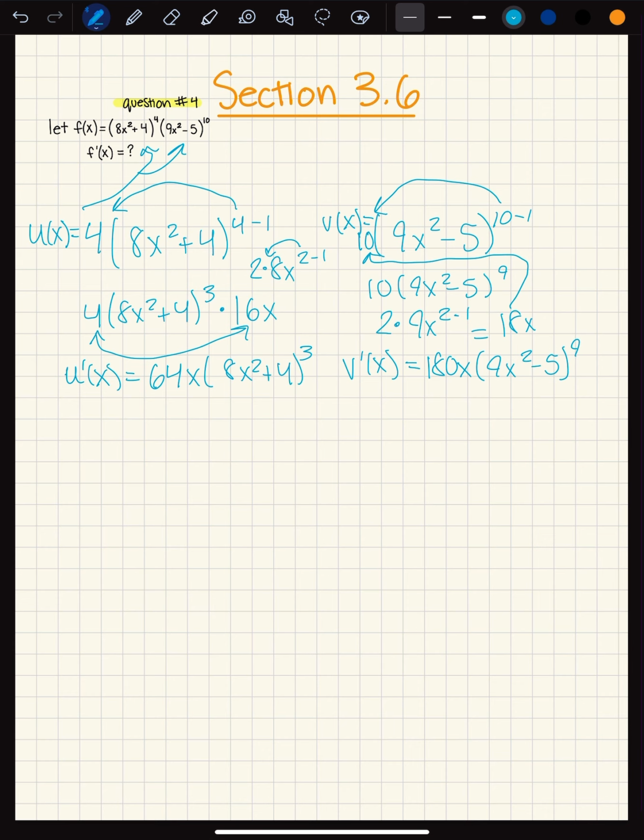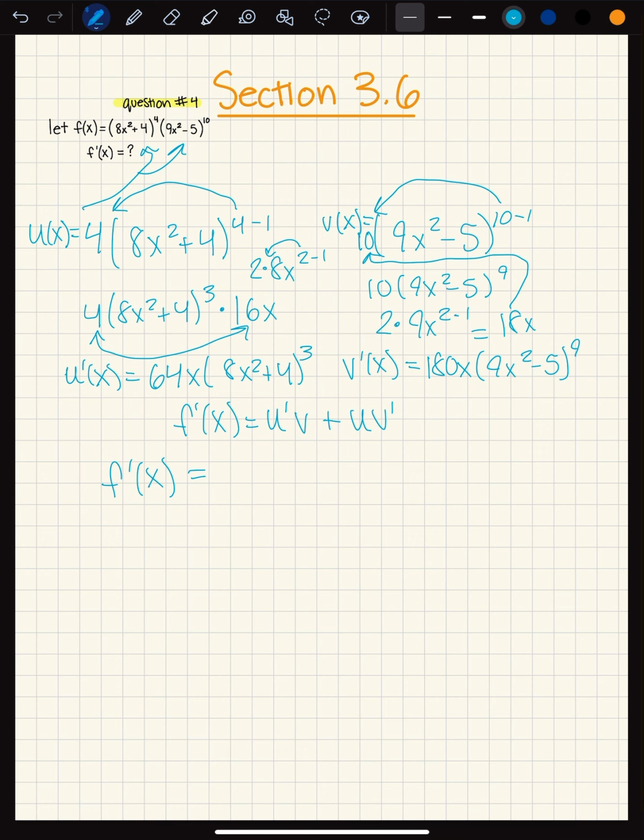So now that we have u of x, u prime of x, v of x, and v prime of x, we can just plug it into the product rule, which states f prime of x is equal to u prime times v plus u times v prime. So we can just plug that in accordingly.